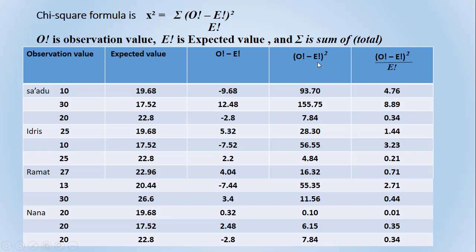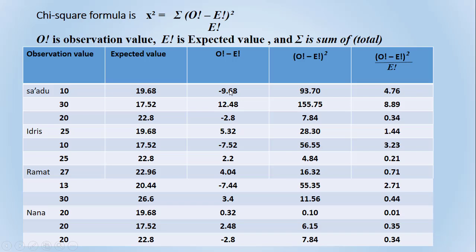Observed minus expected value square. Take note, this one has square now. What does it mean? It means we are going to multiply each value we got by itself. Now the first one, we have minus 9.68. Minus 9.68 times minus 9.68 will give you 93.70 approximately. Work it out on your calculator, you will get it.